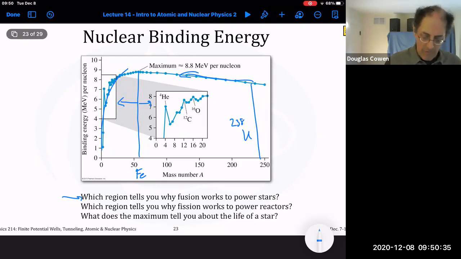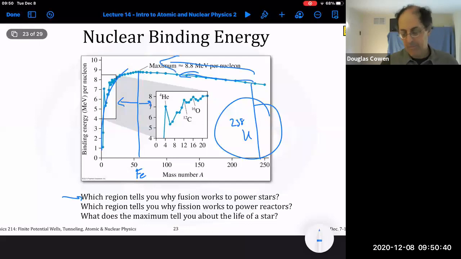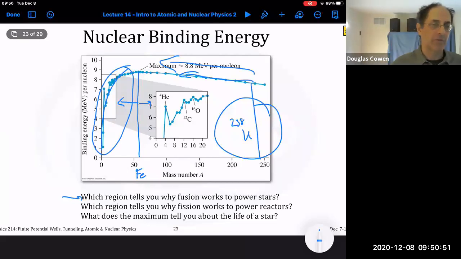So fission reactors operate going from the far right to the left. Fusion reactors, which don't yet exist, but do work in the core of stars, move from the left to the right, and you get a lot more energy that way per nucleon.